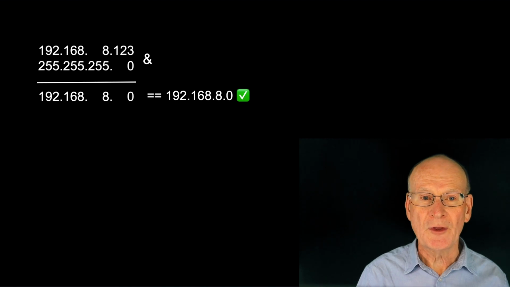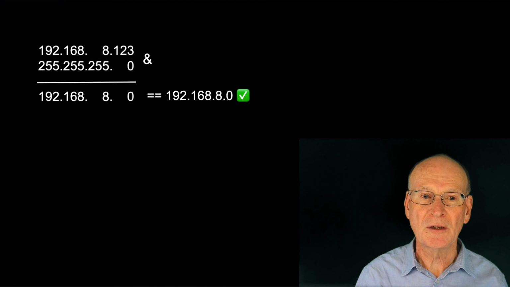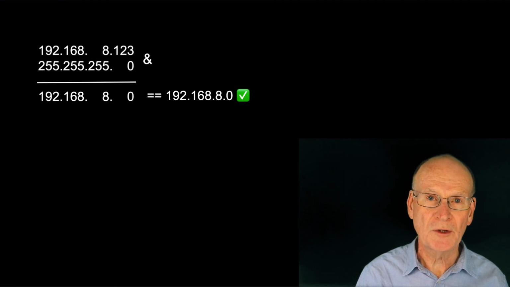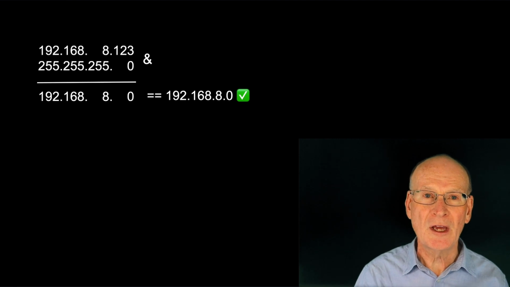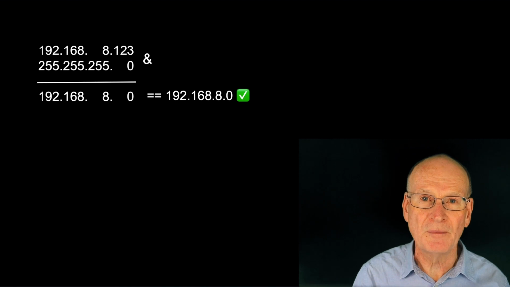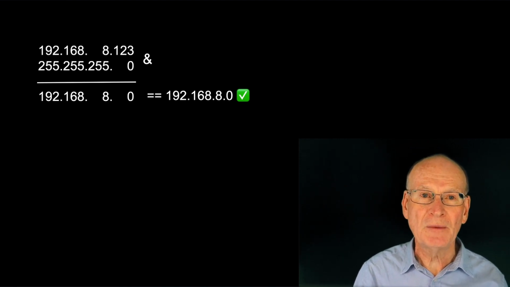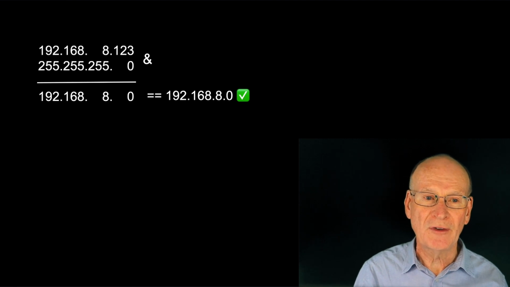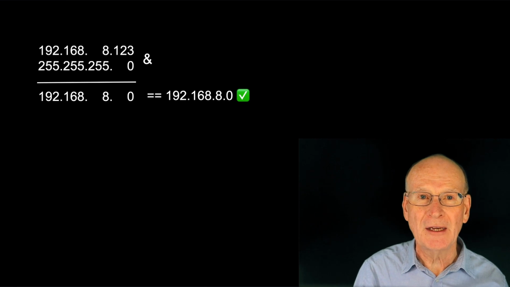So we start off with, let's say we're given the address 192.168.8.123. We want to see if that's inside our range, or our net mask, of 192.168.8.0. So what we do is we AND it, use the logical AND operation with 255.255.255.0. And in this case, we get back this number, 192.168.8.0, which is what we were looking for.